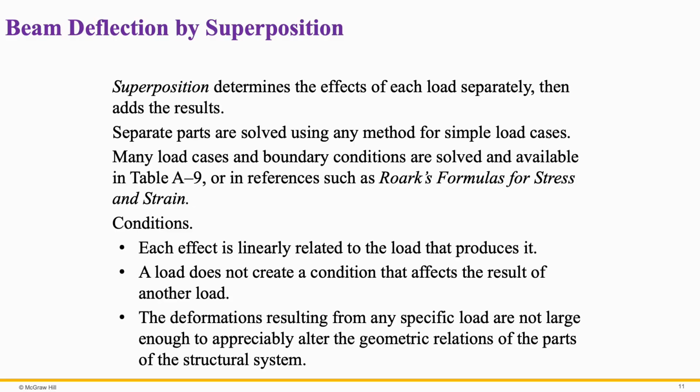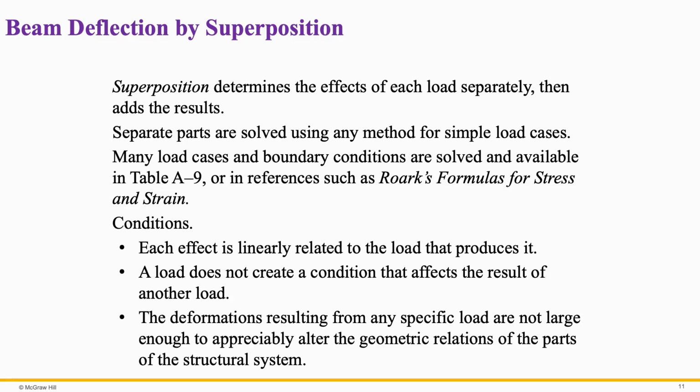The process of superposition involves calculating the individual impacts of each load and then summing the results algebraically in order to determine the total effect of combined loading on a structure. However, we can apply the superposition method as long as the following conditions are met.